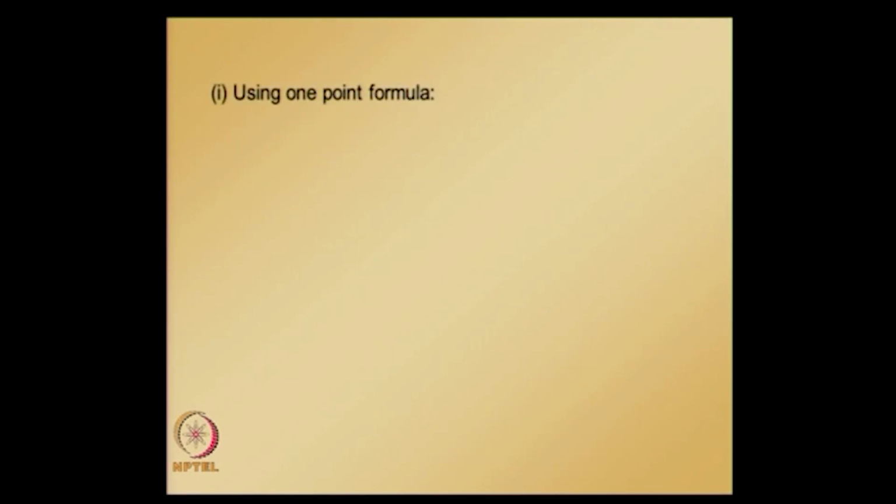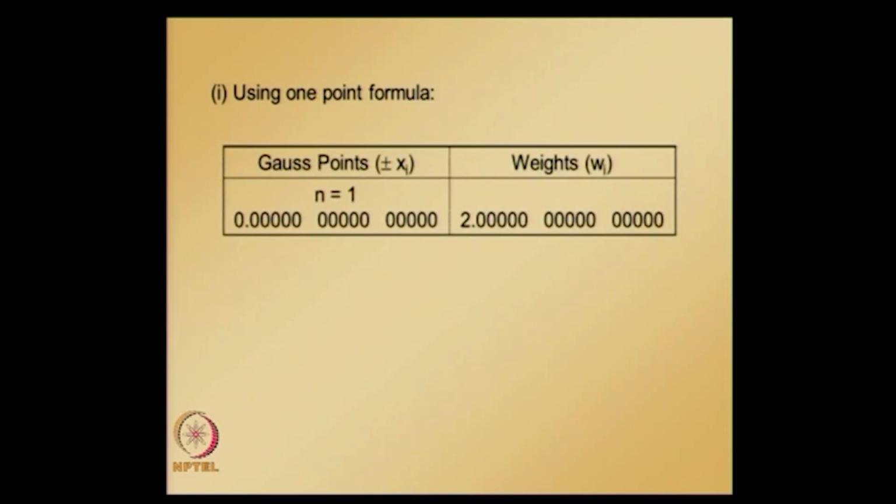Using the 1 point formula, that means we decided to use 1 Gauss point and the corresponding weight. For n is equal to 1, the coordinate is 0 and the weight is 2. So, only one integration point is there and the corresponding weight is indicated there, and we also evaluate the integrand at x is equal to 0, that is f(x1).